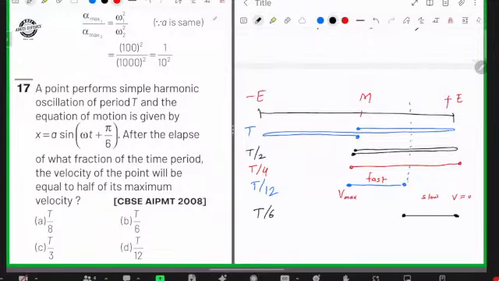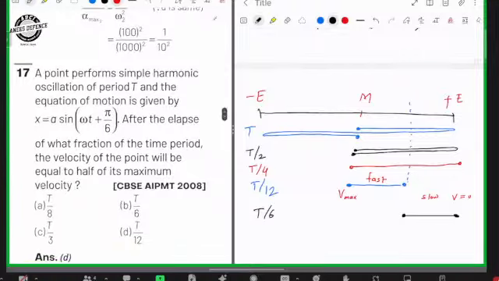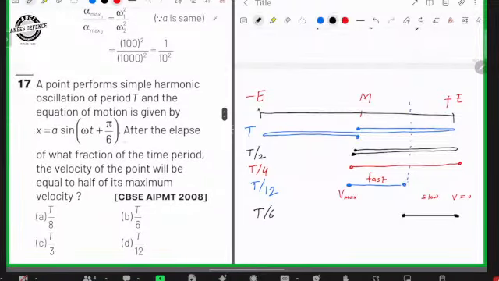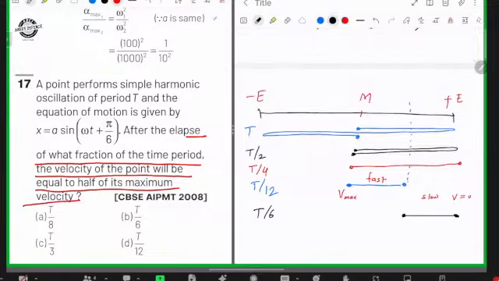I can easily prove through equations also. If you say so, I can prove all the times. So here the time elapsed, what is asked? The time elapsed that is equal to half of its maximum value. See, after what fraction of time period, the velocity of the point will be equal to half of its maximum value.